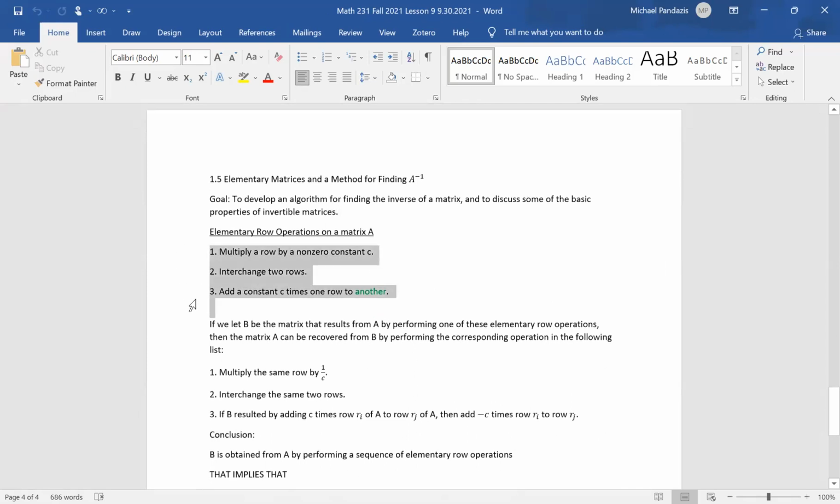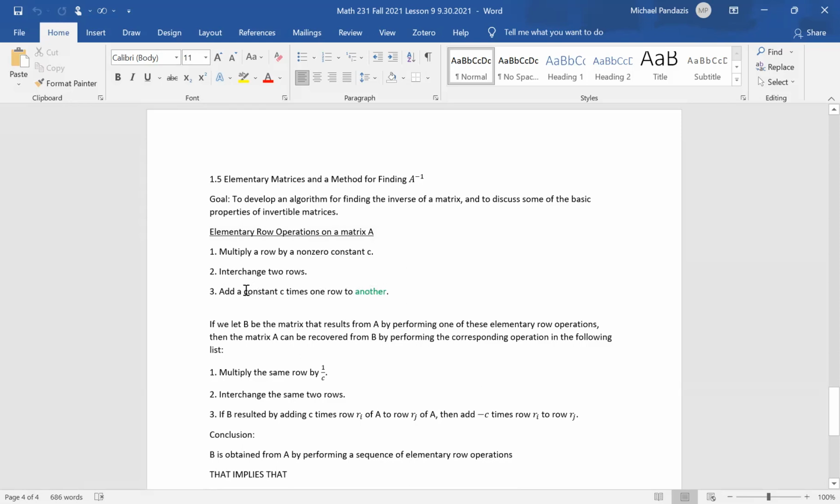So I gave you 3 elementary row operations on a matrix A, right? Multiply a row by non-zero constant C, interchange 2 rows, and add a constant C times 1 row to another. And I emphasize the word another because this, as an elementary row operation, changes the row that you're referring to as another.